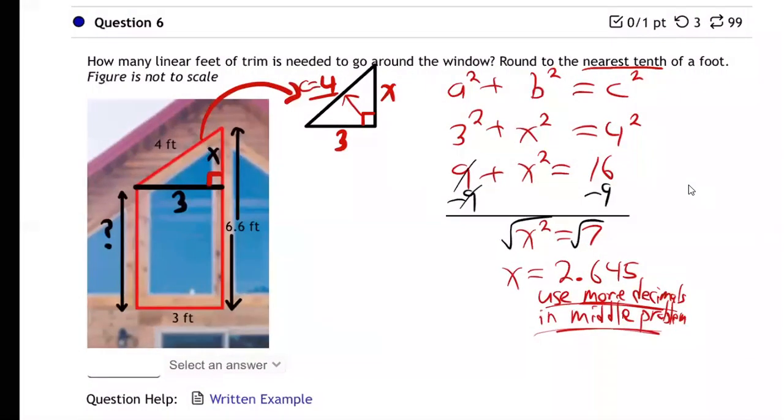When you have more work to go, in the end we're going to only round to the tenth place, one decimal, but that'll be the end. When you're still in the middle of the problem and you're going to use this number to do something else, you need to use a little more accuracy than you need at the very end to keep things accurate along the way. Okay, so x is 2.645.